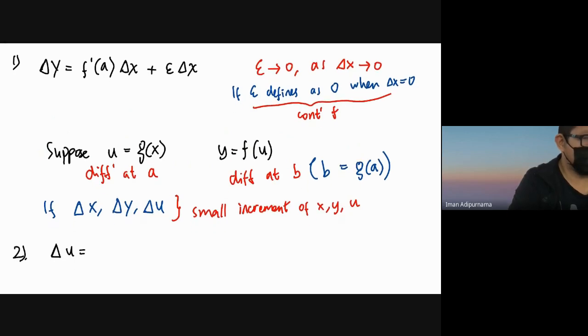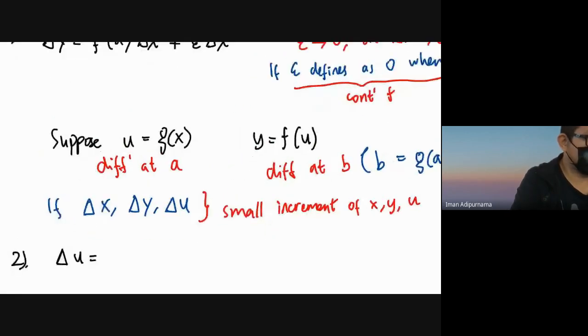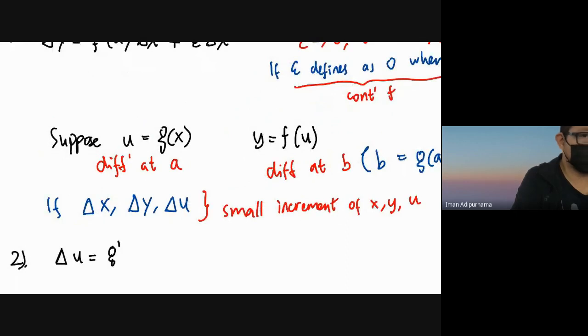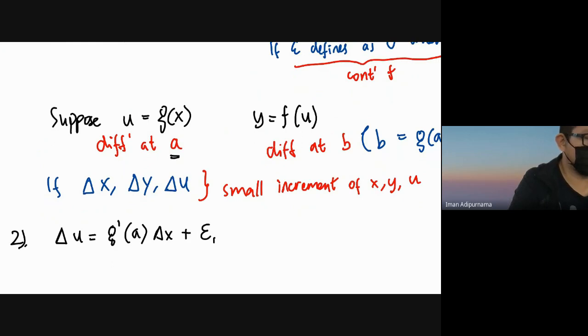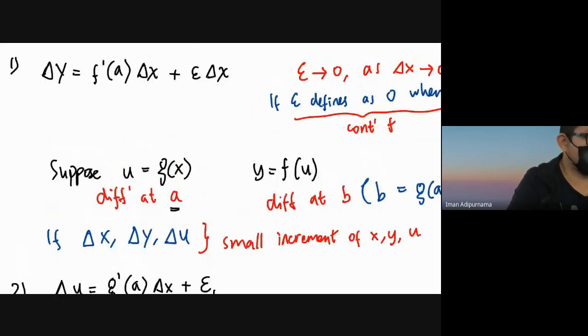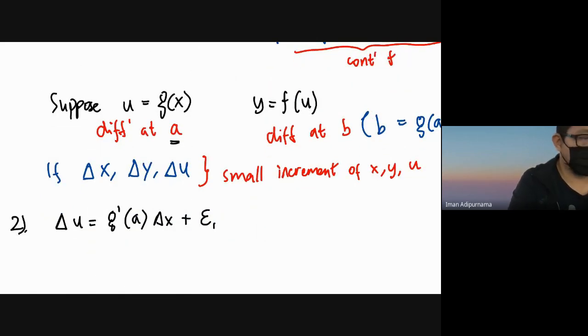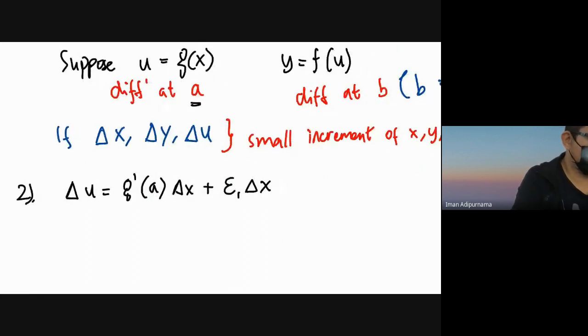So delta u will be g prime a, we are going to use the number a here, delta x plus, let's say we have another epsilon 1, to take the difference between the first epsilon we have in y, and this is the second epsilon, delta x, okay?